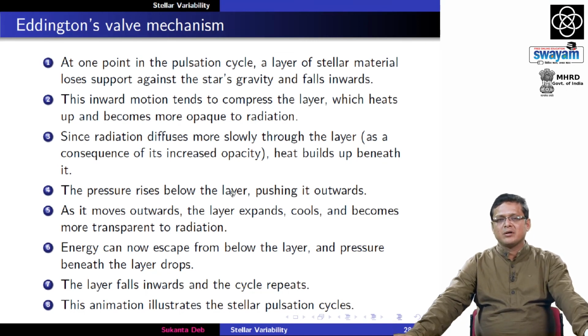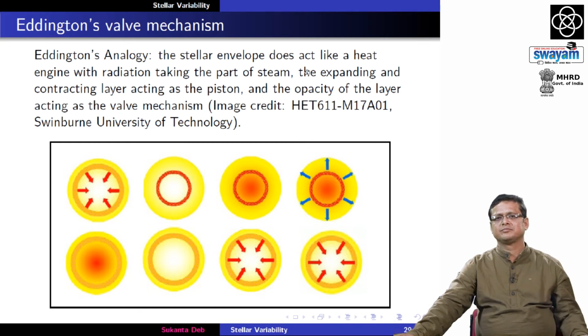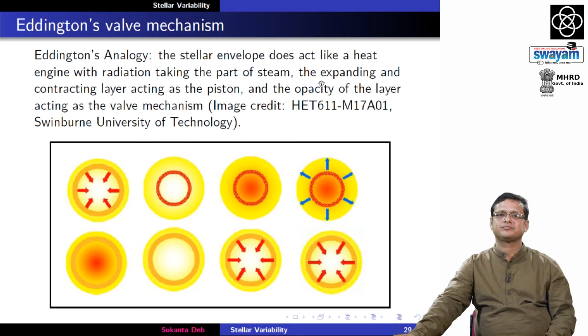Now, these are the sequence of steps in which this kappa mechanism works. Eddington's analogy was that the stellar envelope acts like a heat engine, with the radiation taking the part of the steam, the expanding and contracting layer acting as the piston, and the opacity of the layer acting as the valve mechanism.